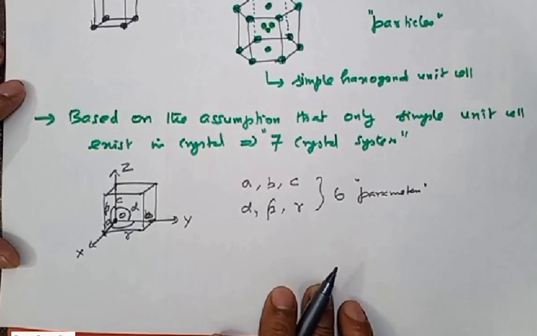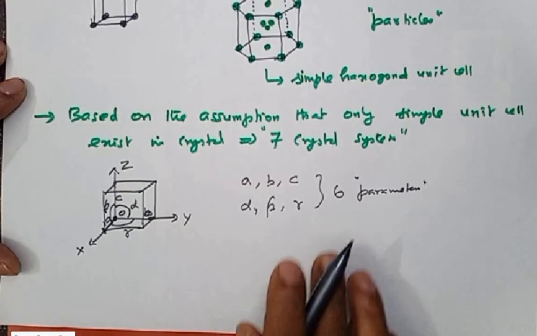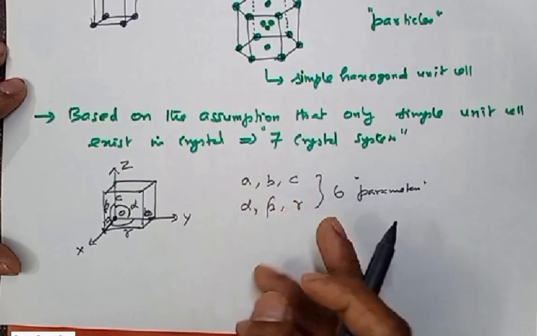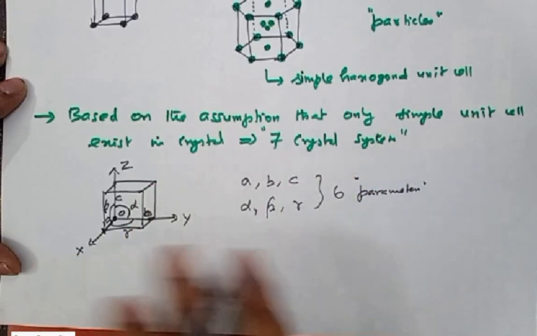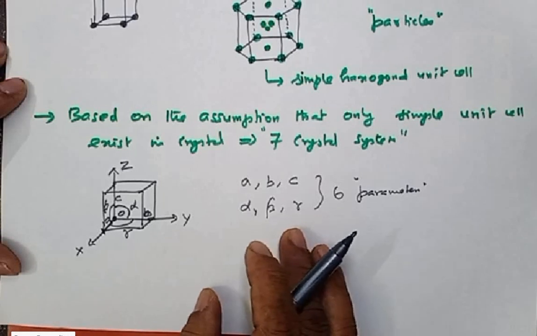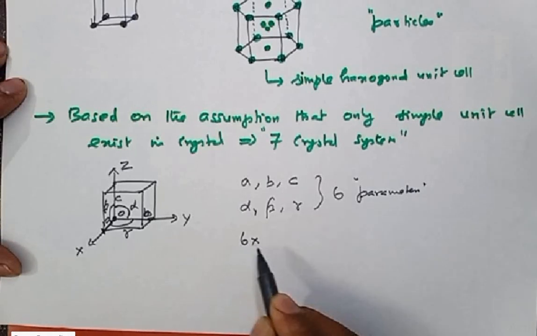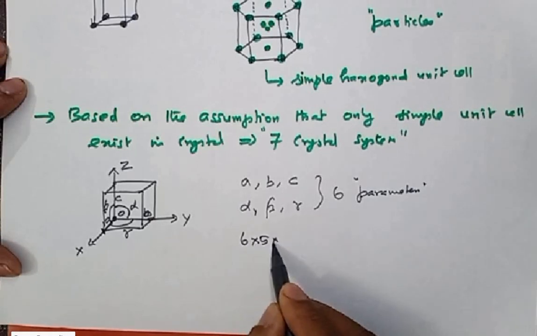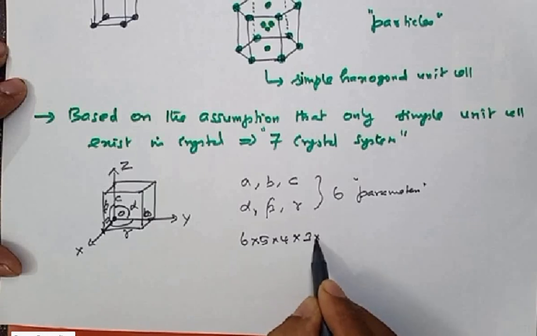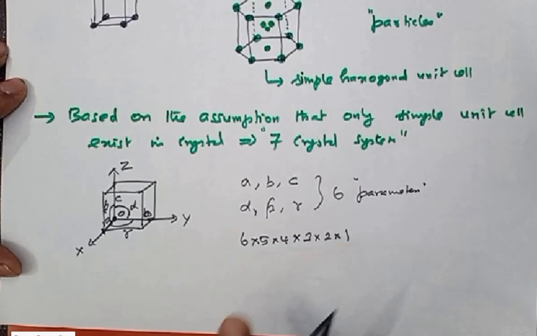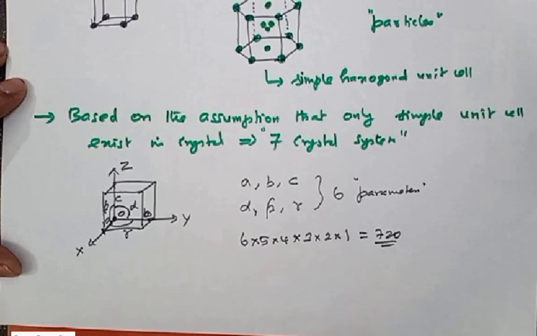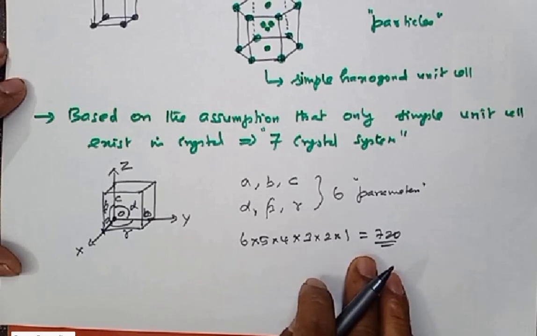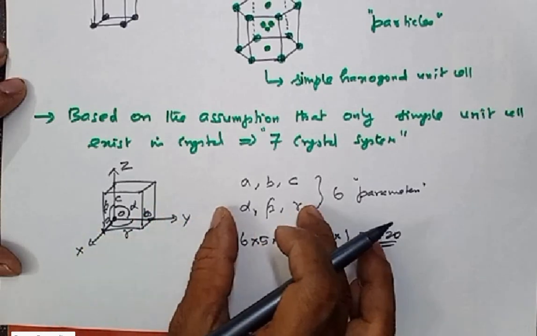By varying these 6 parameters, a equal to b, or a, b, c not equal, by varying these, we can mathematically create 6 factorial arrangements. So it comes out as 720 different shapes. So in those days, a unit cell has only 6 parameters.